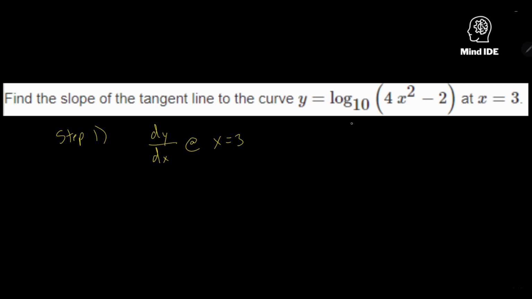And how do we know that? Well, if you think about it, with a straight line, we've got a graph here and a straight line. How do you find the slope?